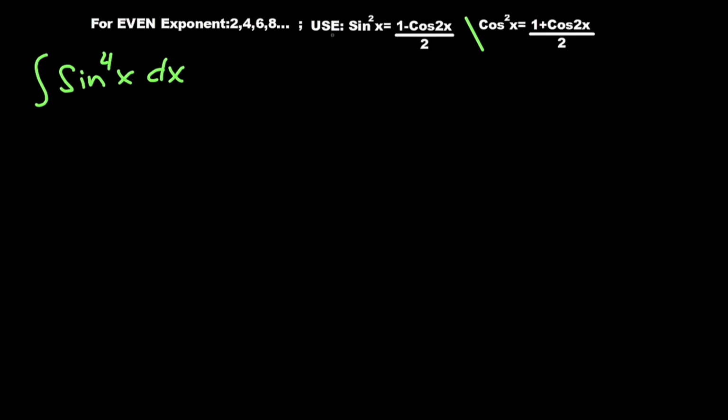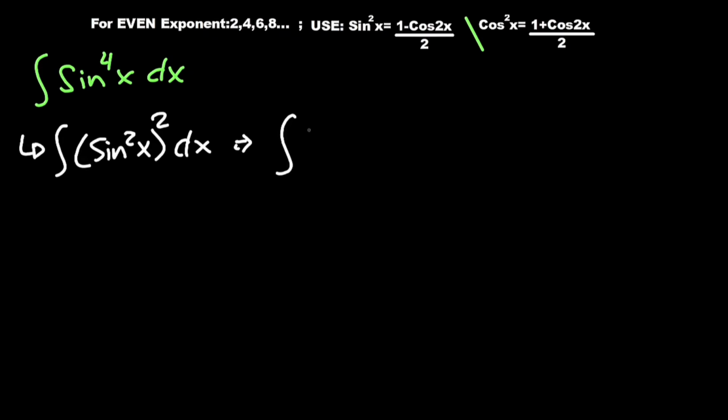So, we must put this into sin² of x form. And transform this to its reduction formula. So, this would be 1 minus cosine of 2x over 2 raised to the power of 2 of dx.